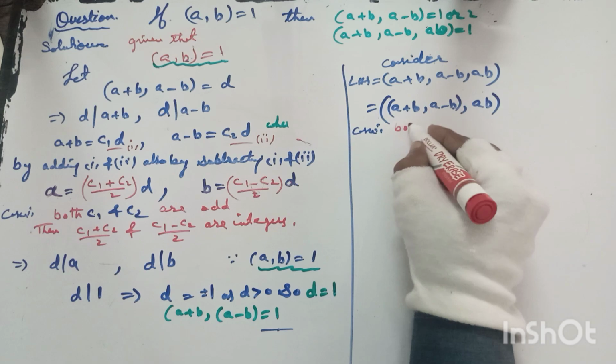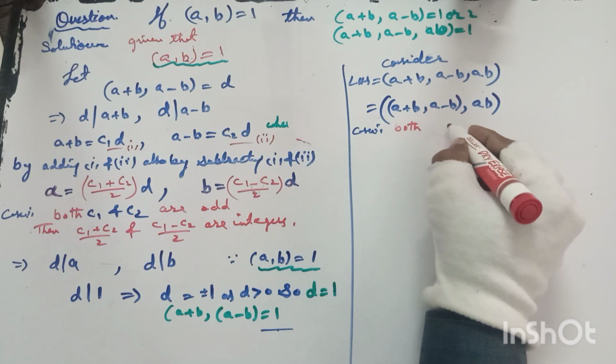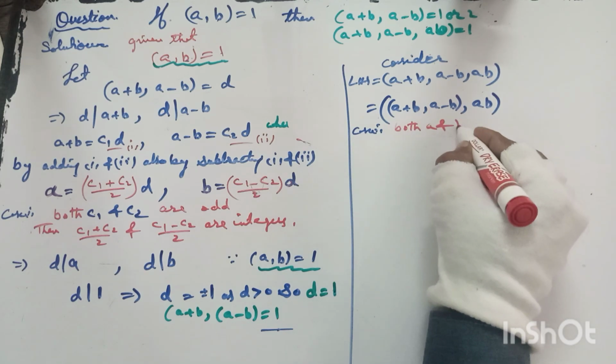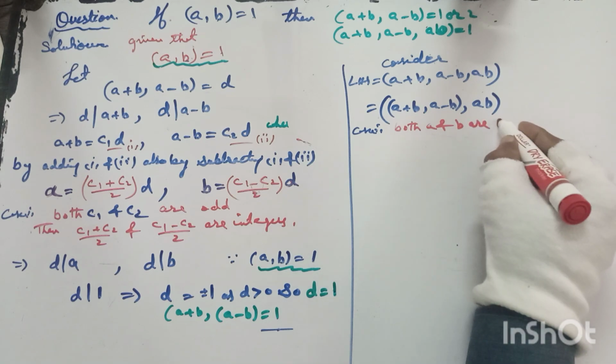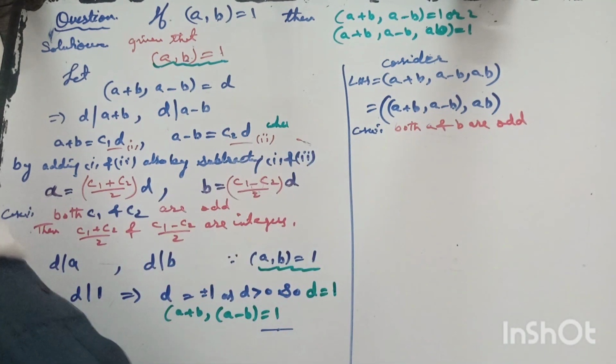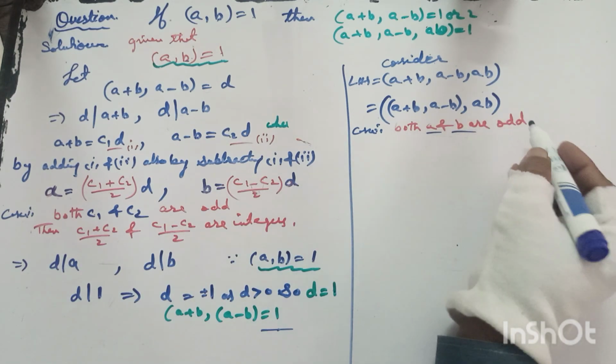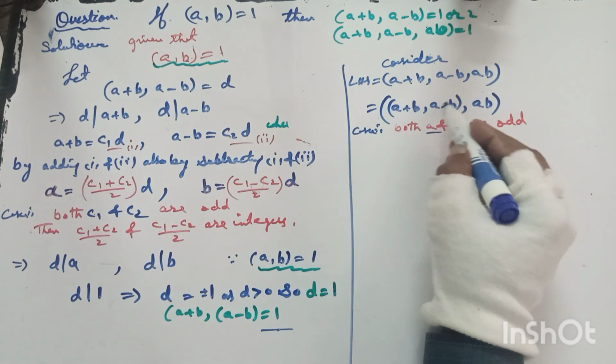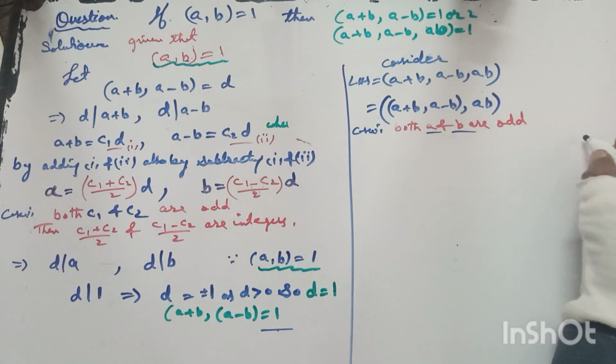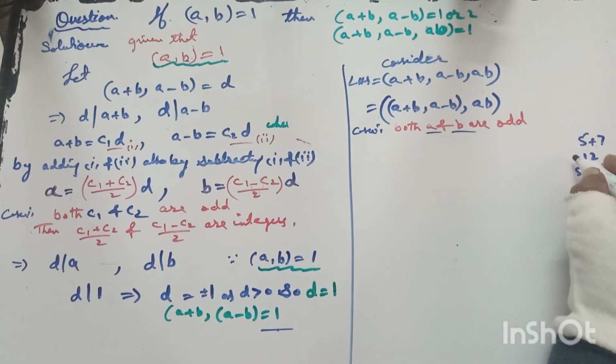First, both A and B are odd. If both A and B are odd, then their addition, the sum of two odd numbers, and the difference of two odd numbers is even.